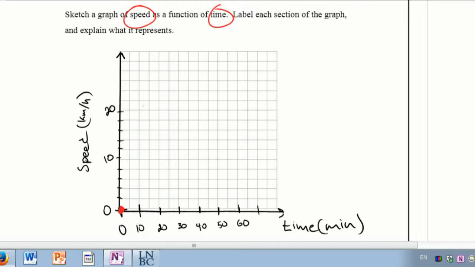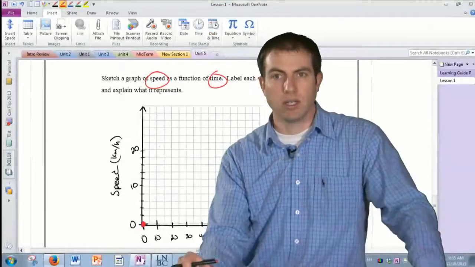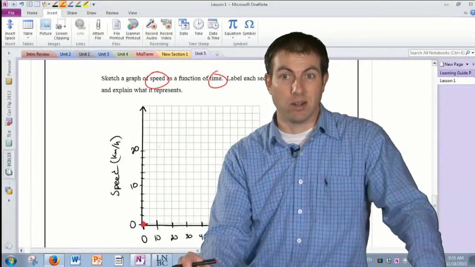How many minutes do you think it would take you to go from 0 to 20 kilometers an hour on your bike? Would it take a minute? Would it take 2 minutes? Would it take less than a minute? A minute is probably a long time. You think you can accelerate to 20 kilometers an hour? Like, think of a school zone, and that's 30 kilometers an hour.